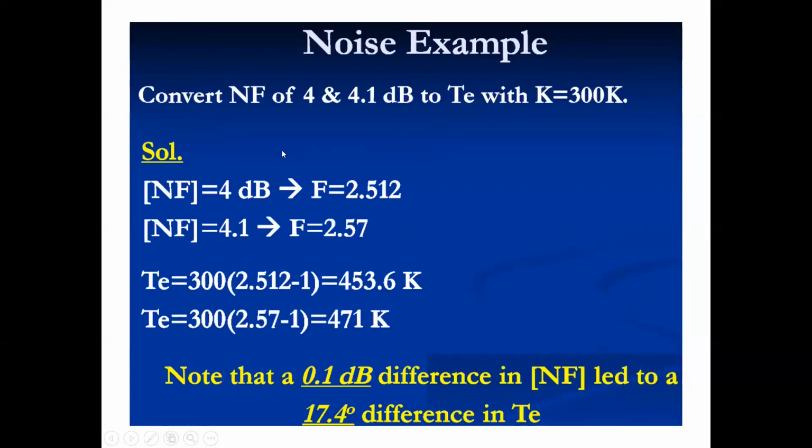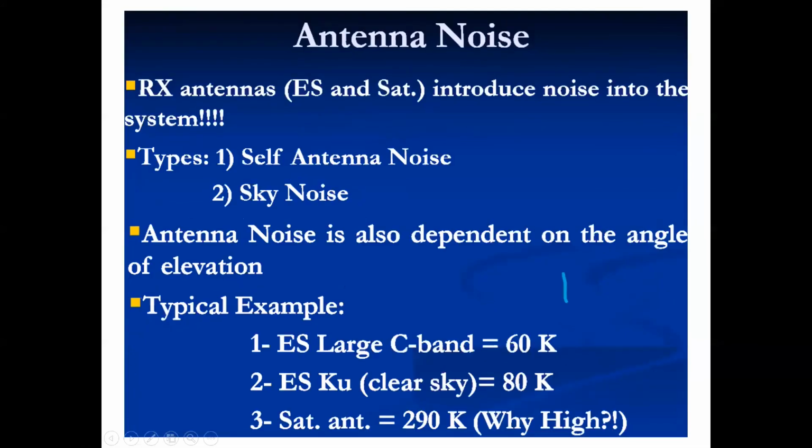As I have told you, the equivalent noise temperature is the ambient temperature into (noise figure minus 1). But since these are in dB, the first step that students miss out is they directly take 4 minus 1 and calculate the equivalent noise temperature, and they get 0 marks, because dB has to be first converted into the normal scale before calculation of equivalent noise temperature.